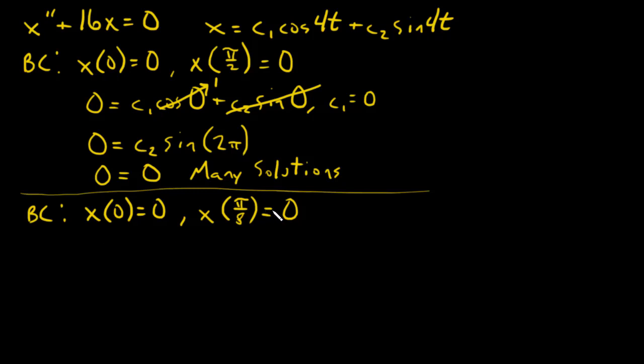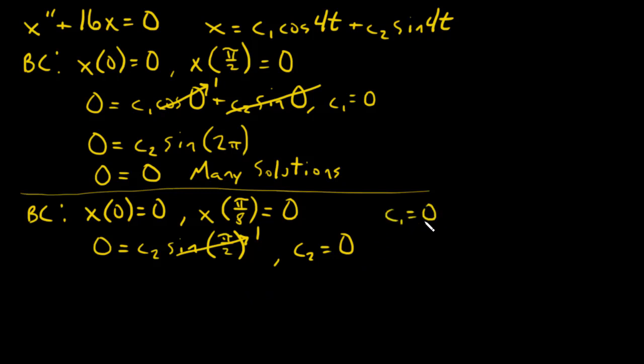I have 0 equals C2 times sine of 4 times pi over 8, which is pi over 2. Sine of pi over 2 is 1, so I'll wind up with C2 equal 0. So C1 is equal to 0 and C2 is equal to 0. That has one solution. We are locked in.